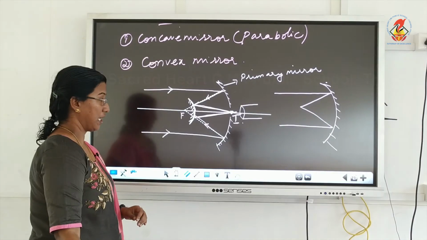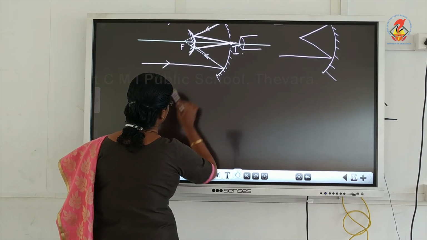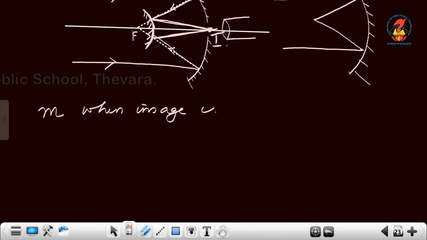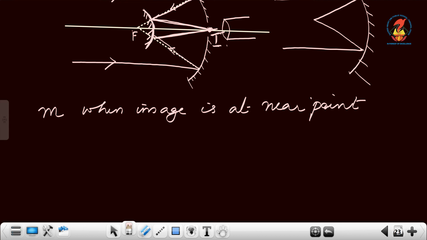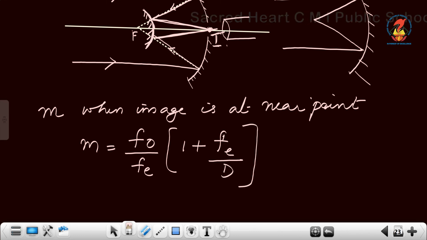Now, the equation for the magnification of a Cassegrain telescope, when the image is at the near point, or at the least distance of distinct vision, is m equals f0 by fe into 1 plus fe by d. For the microscope it was d by fe, here it is fe by d.